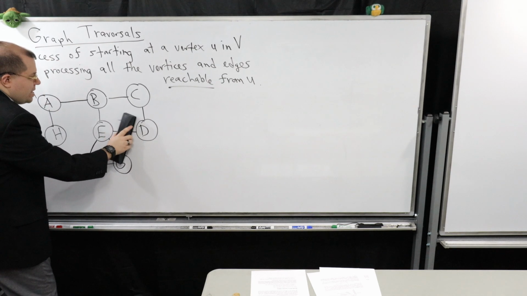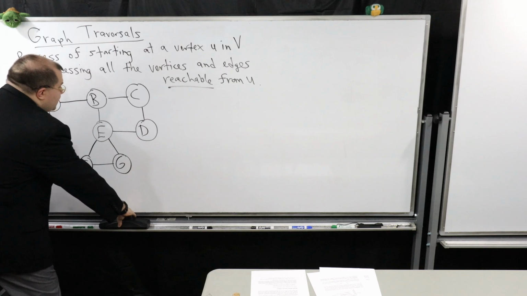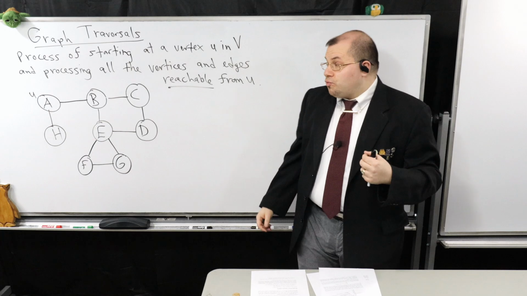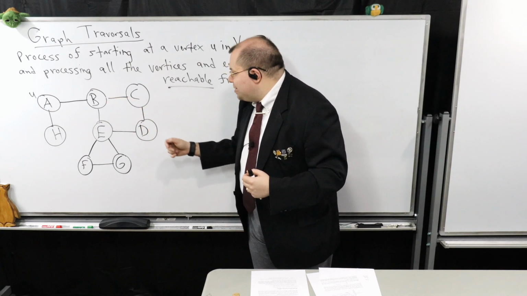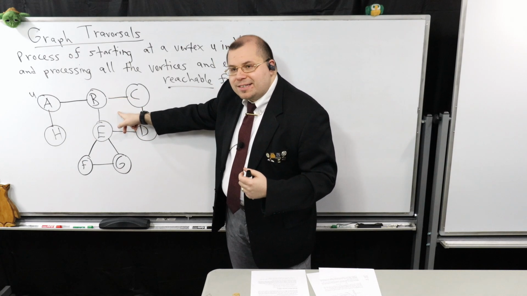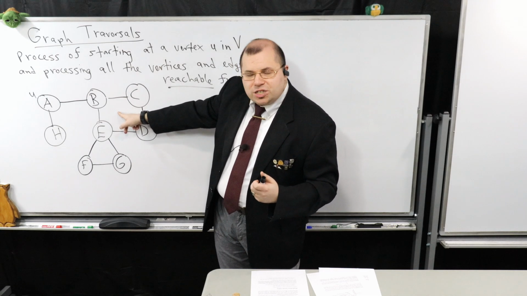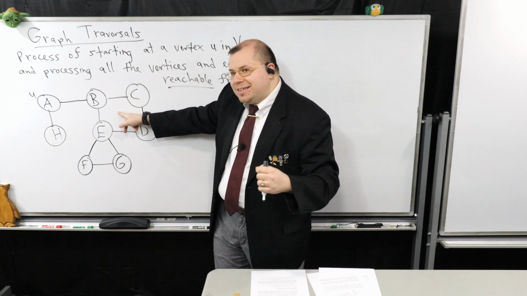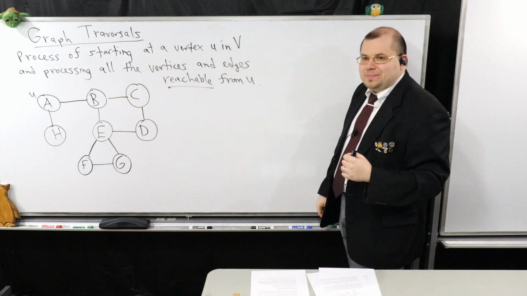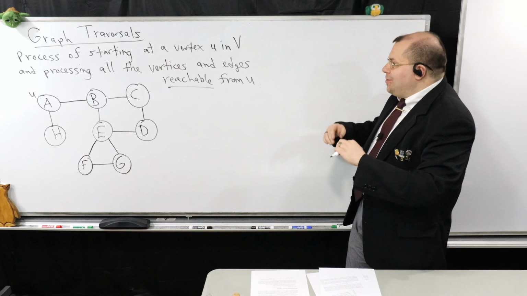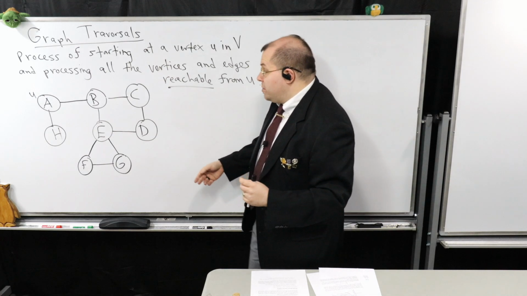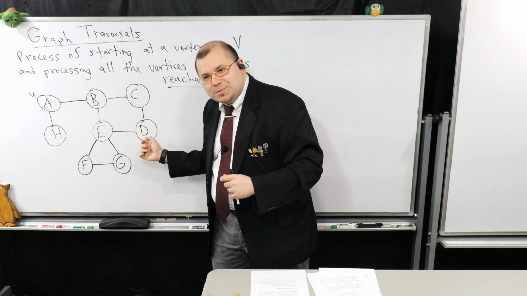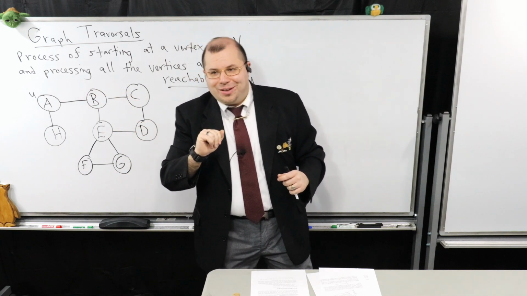So what we're going to be interested in is processing all the edges and vertices that are reachable from u. So for example, if I had vertex I here, I would not be responsible for labeling or marking edges or vertices that get me to vertex I. However, all vertices and edges that could be a part of a path from u to any other vertex that's reachable, I'm responsible for processing those.